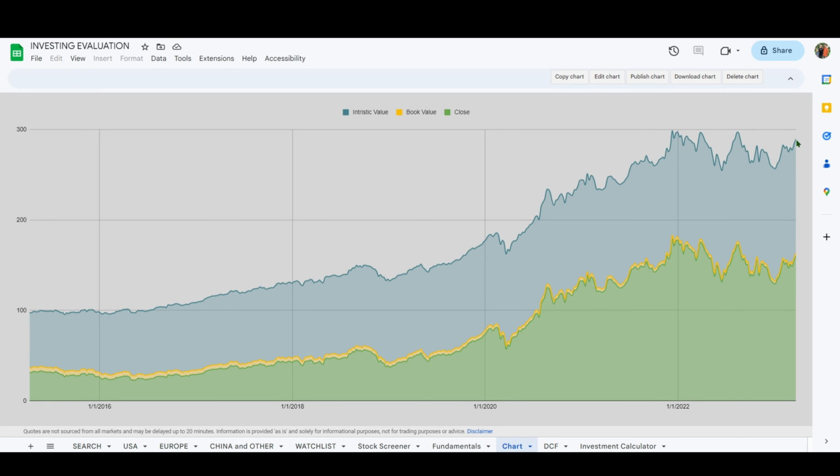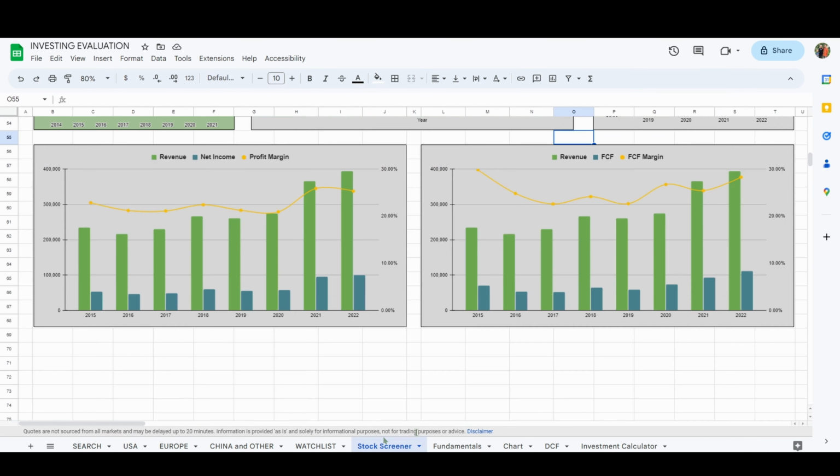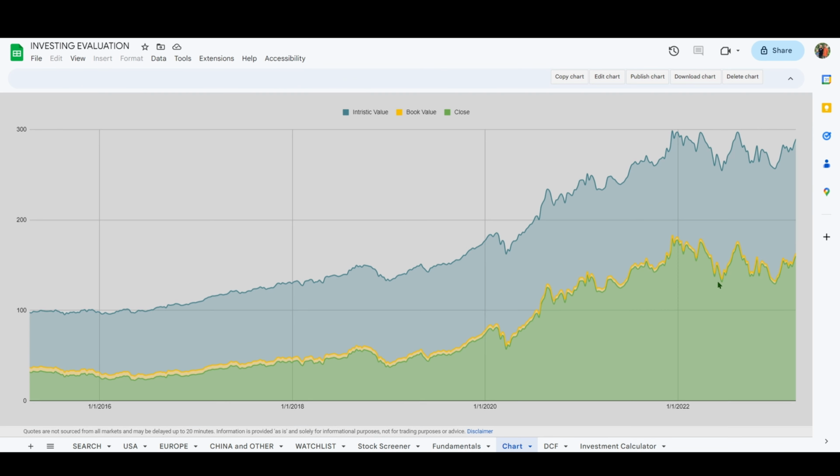Now this shows your calculated intrinsic value at 126. There, of course, will not be an intrinsic value if you don't calculate it, if it's not in your watch list, or maybe Europe, USA, and search stocks. Now, the intrinsic value goes up or down depending on free cash flow, because of course it's the discounted cash flow intrinsic value.